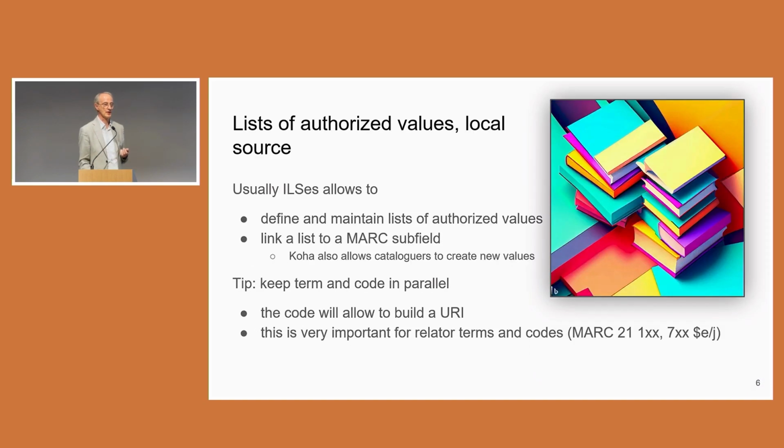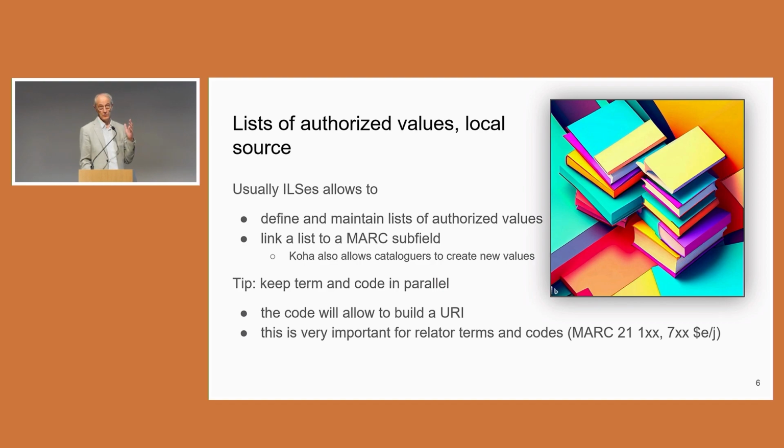So lists of authorized values can be local values, external values, and so on. The basis are lists of maintained values, authorized values, and Koha has this functionality, very simple. You can modify a framework of cataloging for controlling this. So some MARC subfield can be linked to a list of this type.